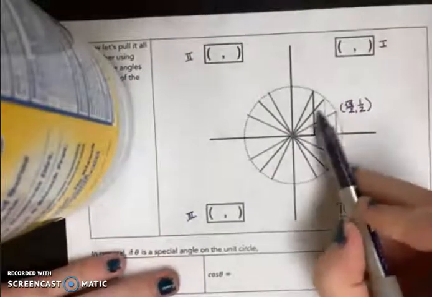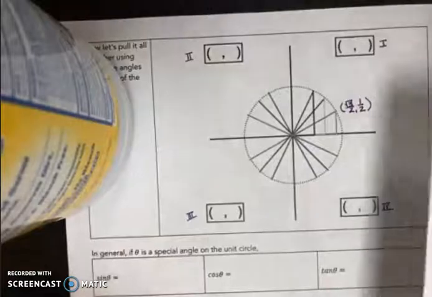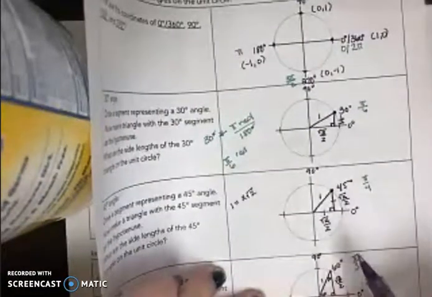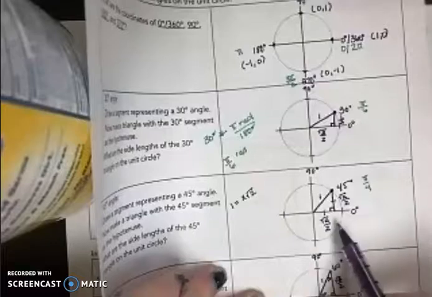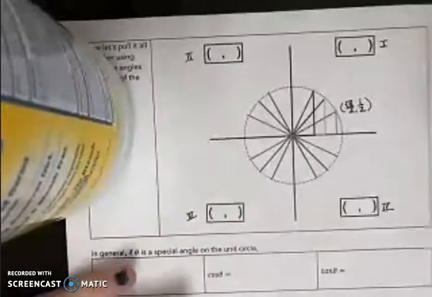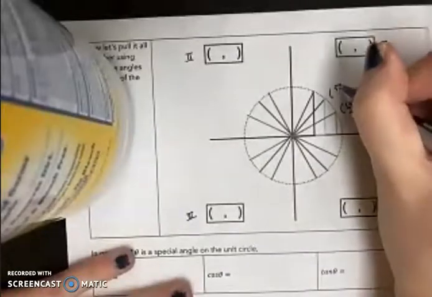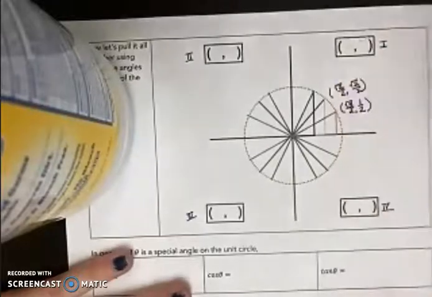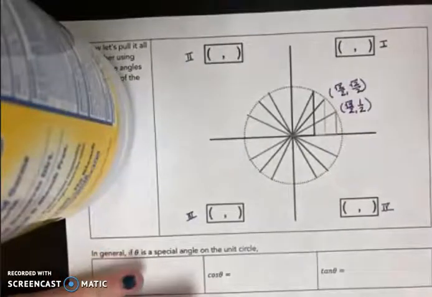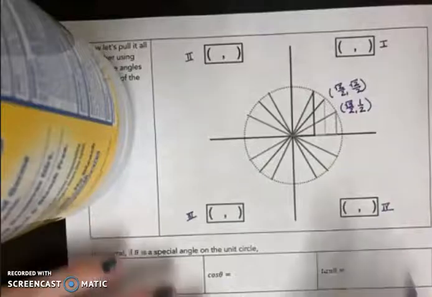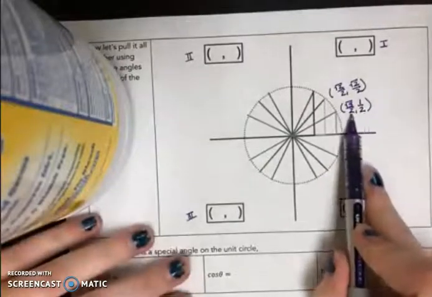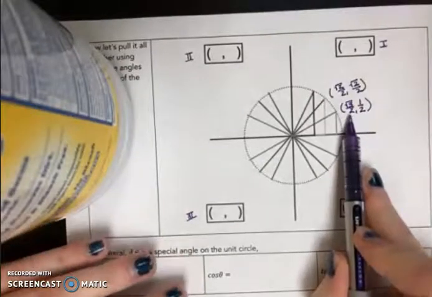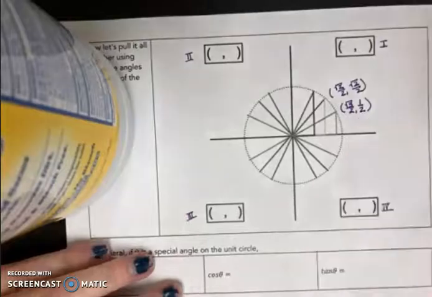For the 45-degree reference angle, we mentioned that both of the legs are root 2 over 2. So x comma y would just be root 2 over 2, root 2 over 2. And then the 60-degree reference angle is basically just the opposite of the 30. We're going to have 1/2 comma root 3 over 2. Or you could look back at page 1.